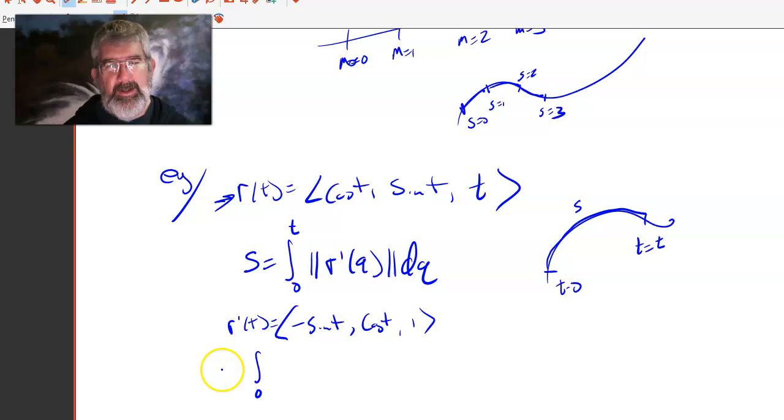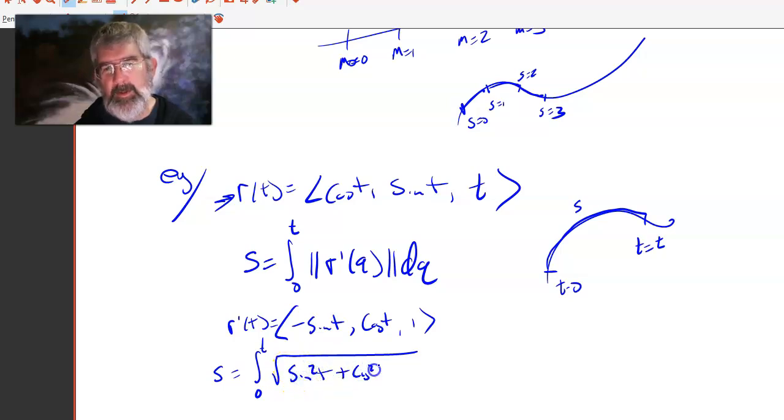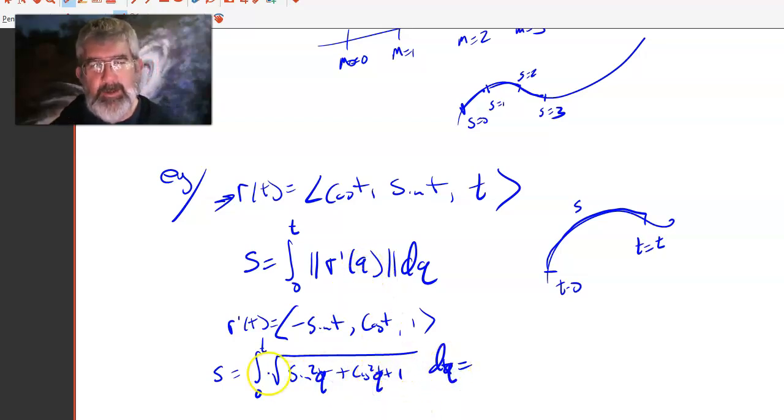Let's go. The arc length is the integral from 0 to t of the square root of sine squared t plus cos squared t plus 1 dq, right? I'm using a dummy variable in there because my variable is t right there.